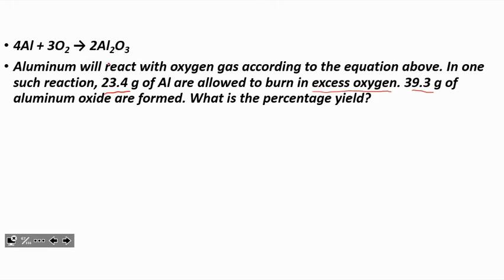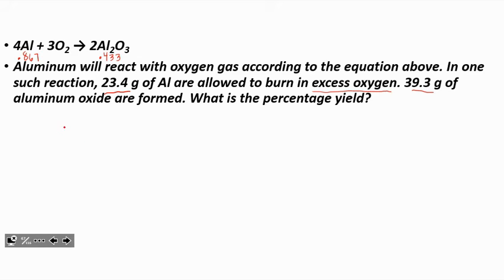We're going to convert this into moles first. Once we convert that into moles by dividing it by 27, which is the mass off the periodic table, we end up with 0.867 moles of this. If I divide that by 4 and then multiply it by 2, that will give me 0.433 moles of aluminum oxide.